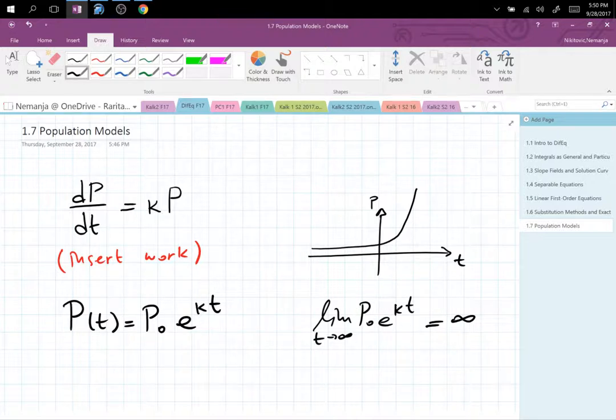Now, the question is, can we do better? And the answer is sure. There are other population models that will take into account birth rate, death rate, sick rate, war rate, right? And all of these other things that we can add to the model, which necessarily creates more difficult equations, but once they're solved, those models are far better.